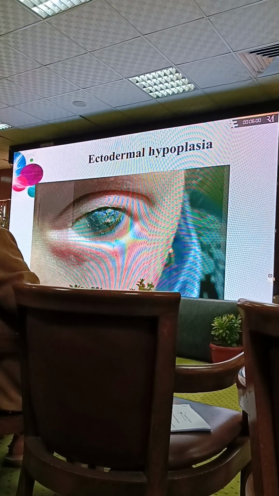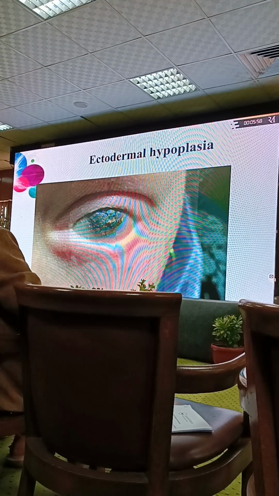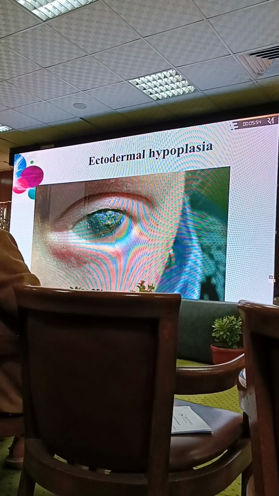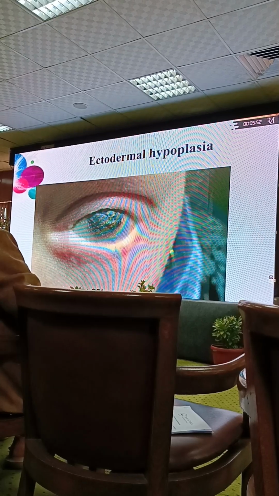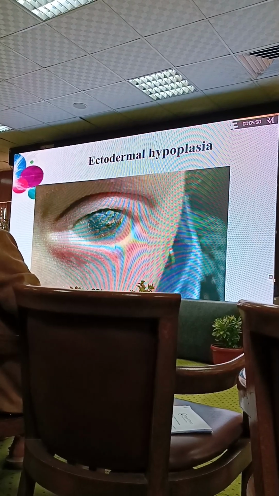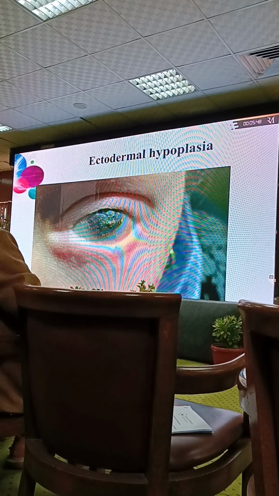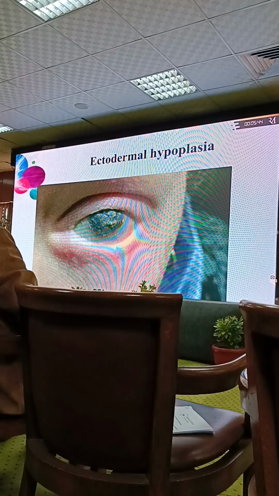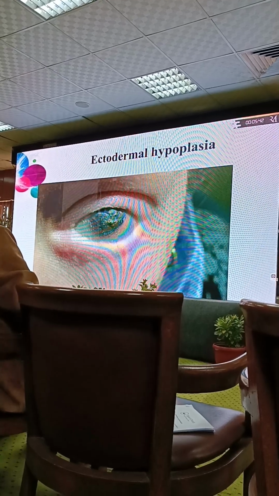Please, if you find this patient, don't try any surgical modality of treatment, such as doing an amniotic membrane or doing a keratoplasty with amniotic membrane, because this will end in failure and the cornea will melt and probably the eye will be atrophic.